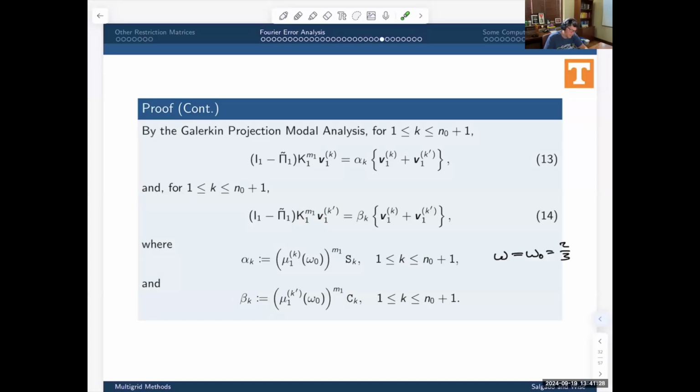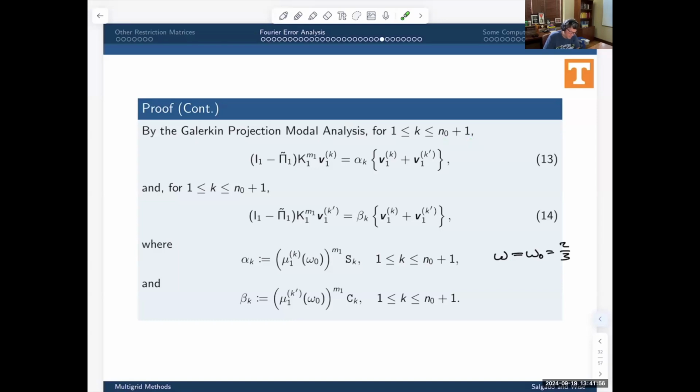Previously, I only kept track of k up to n0. I can actually add n1 here, and it still holds true. The reason it holds true is there's some sort of symmetry involved, so I'm not going to explain that in any great detail. I just want to point out that I've indexed this one more up above what we previously proved, up to n0 plus 1 for those low frequency modes.